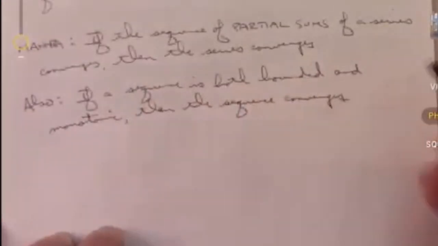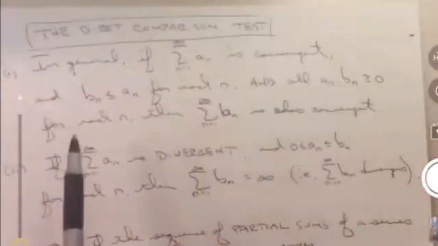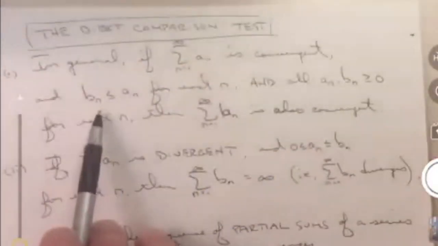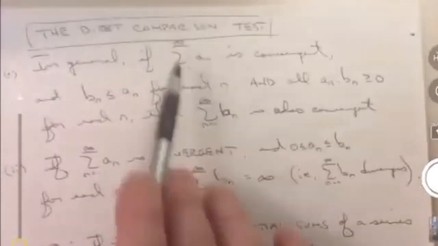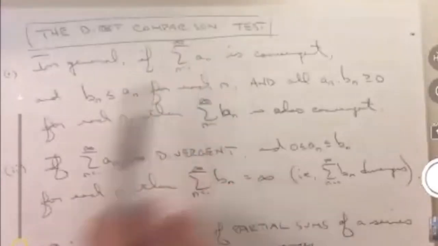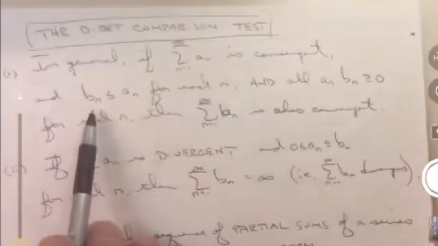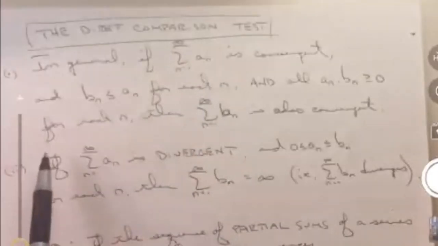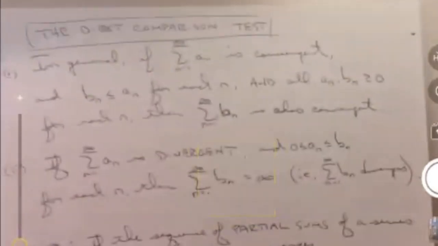All right. Now our proof for the direct comparison test, and I'm just going to prove part one here. So we're going to do that by showing that if I have a convergent series and I have another series whose terms are smaller, the sequence of partial sums of the Bn series is both bounded and monotonic.